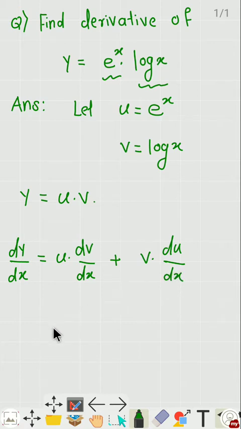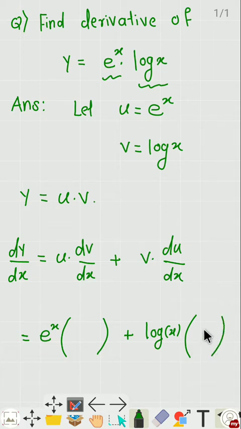Okay, and it is equal to u function as it is, means e raised to x as it is, into bracket we have to write the derivative of function v, plus v function as it is, means log x as it is, and into bracket we write the derivative of u.